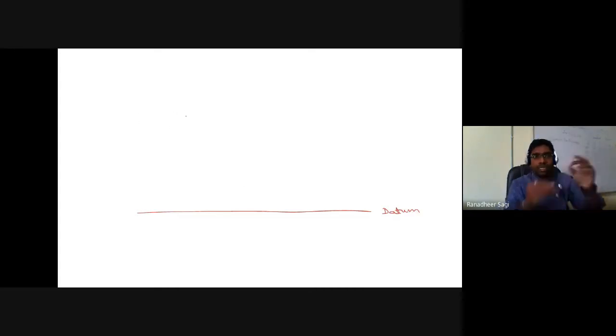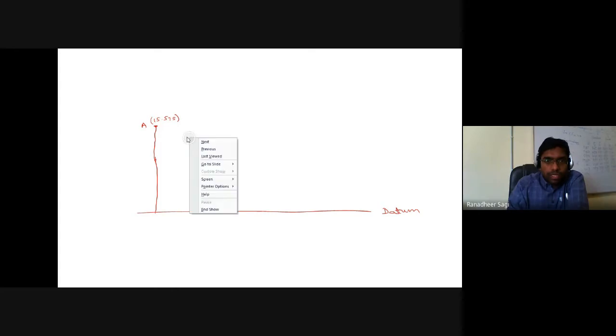Let's understand. Maybe somewhere here is my reference datum. From one point to the other point, the profile is changing. Point A with an RL value of 15.5. Point B, RL value 14.89. Let's say that point might come somewhere here. From the datum, 14.8.